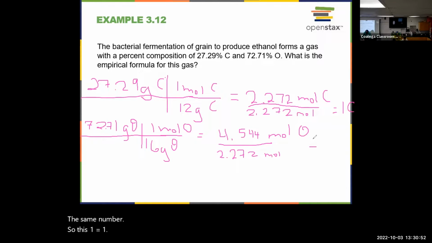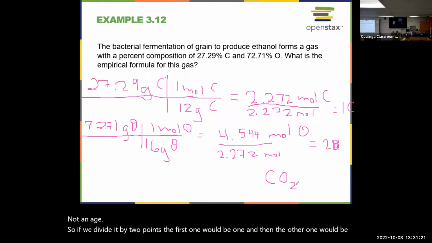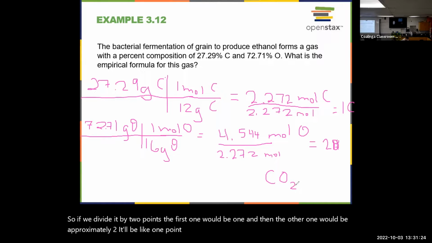I'm assuming the other one is equal to 2. So if we divide it by 2, the first one would be 1, and then the other one would be approximately 2, like 1.99. So we'll just round up.